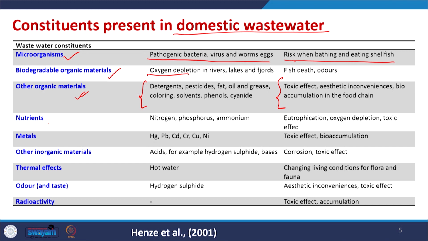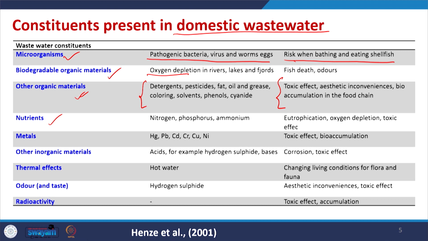Similarly, nutrients may be present like phosphorus, nitrogen, ammonium, etc., and eutrophication may happen. Metals and other inorganic materials may be present depending upon the other industries present in the vicinity or not.